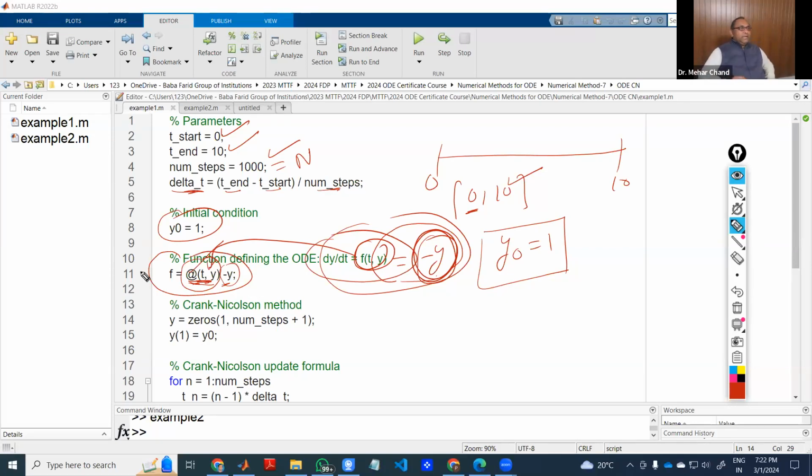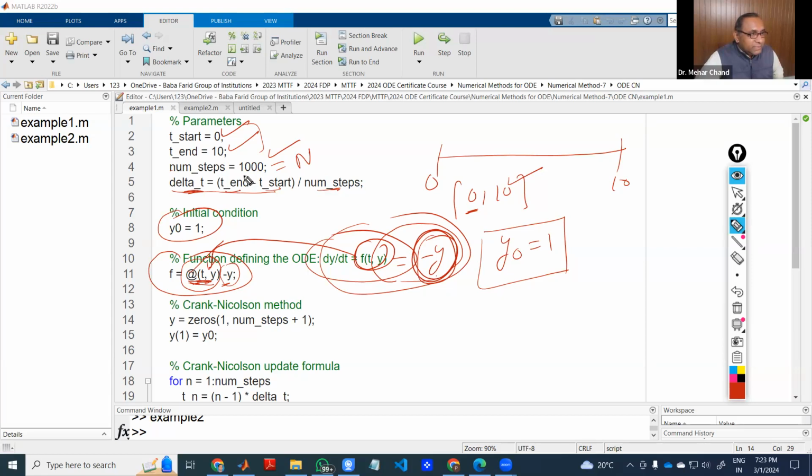Now, for the Crank-Nicolson method, we need the y zeros vector, and that will depend upon the length of t. The number of steps we choose at this place is 1000.